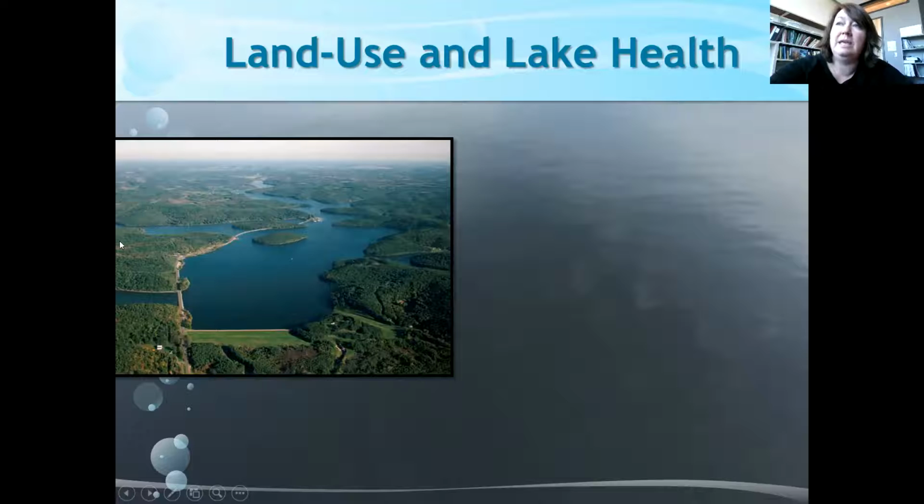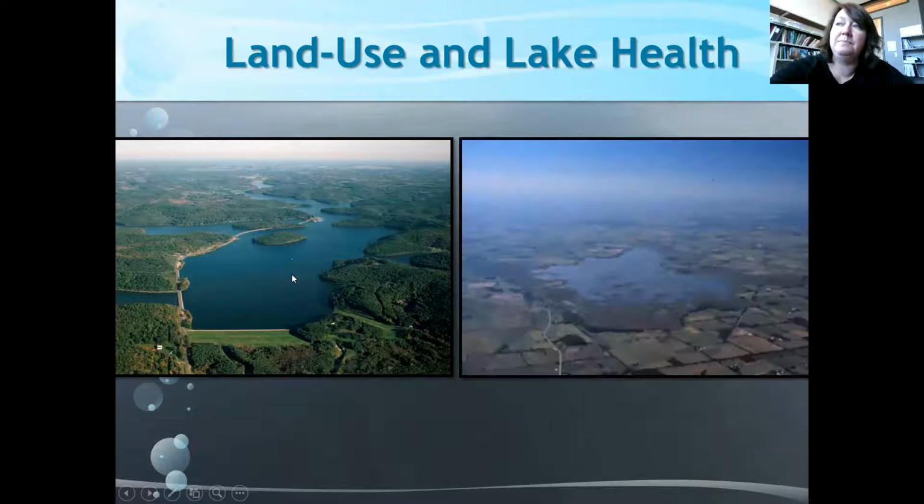But generally speaking, when you have a watershed, which this is, we call it a watershed because when it rains, water drains from the watershed into lake systems. When you have lots of trees and natural vegetation, they filter out the dirt and pollution, and our water is pretty clean.